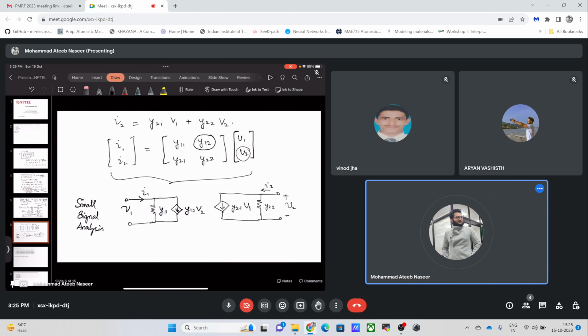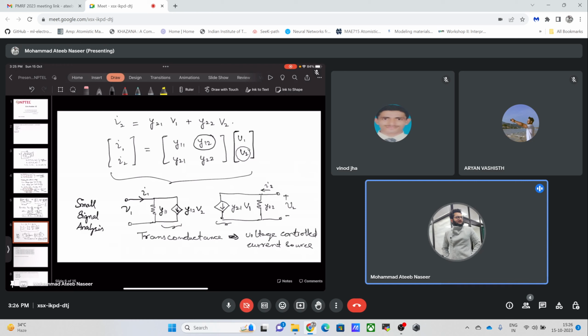You can see that this term transconductance is simply a voltage controlled current source. Let us write it down like this: transconductance, simply voltage controlled current source. This is what we are having in the input side and the output side as well.